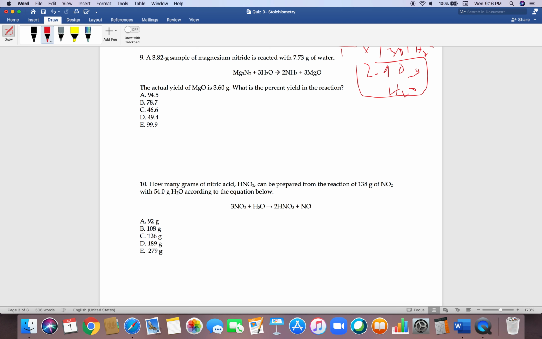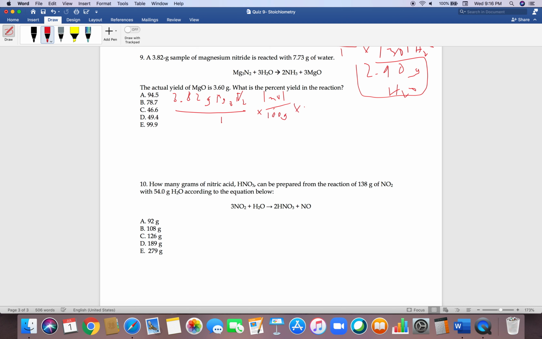So to start off, I'm going to take my 3.82 grams of magnesium nitride, and I know that 1 mole of magnesium nitride from your periodic table weighs about 100 grams.